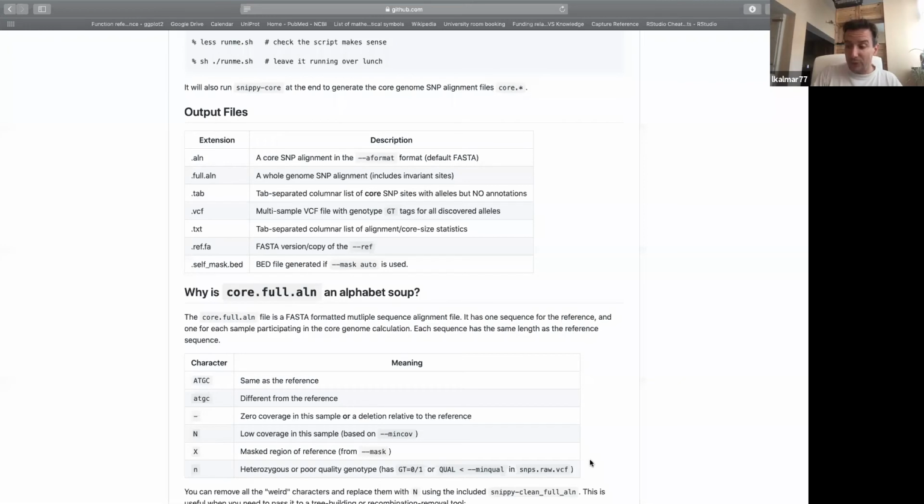Also, if you are thinking about projects where you try to make a time tree, again from the same species, usually the same strain, then I would say one of the best approaches is to do a whole genome SNP alignment.